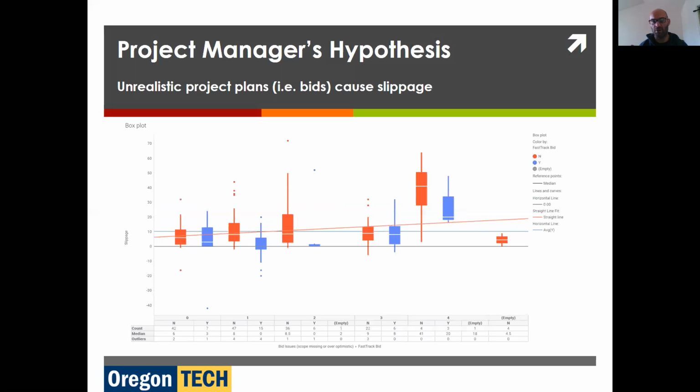They follow the trend overall, but our slippage is actually lower when comparing each class of a bid when divided into fast track versus non-fast track. So we can continue to fast track bids. I think we're okay there.